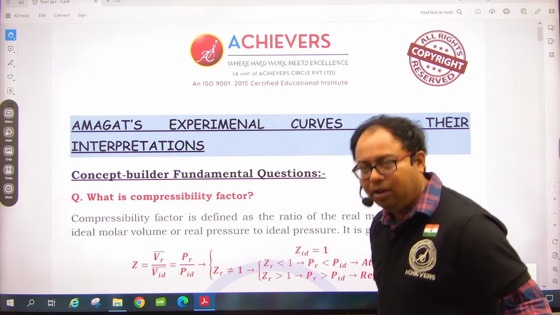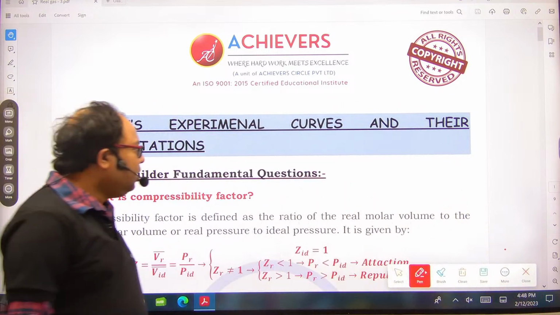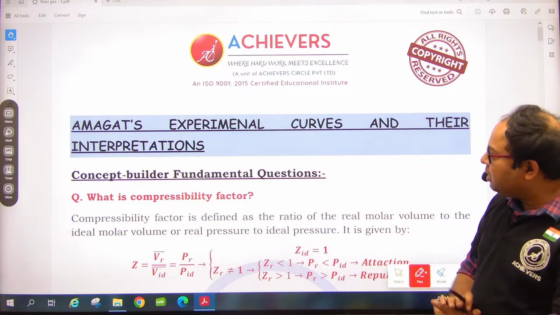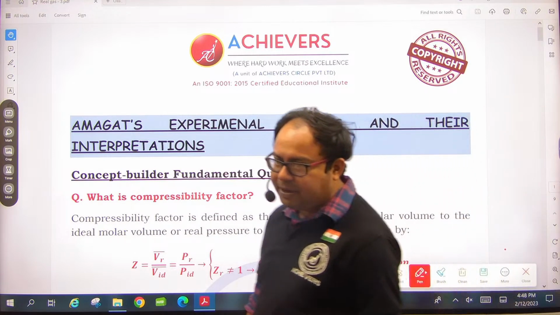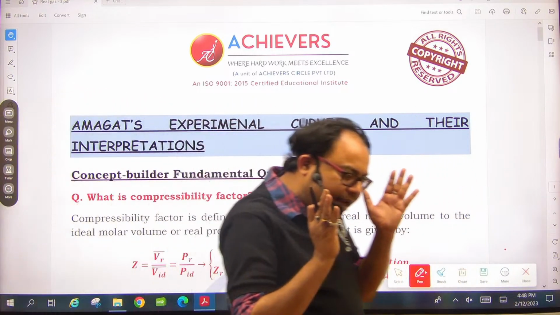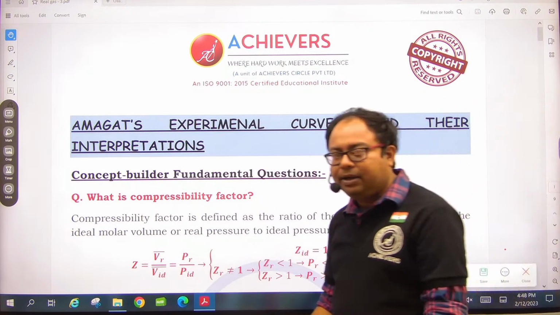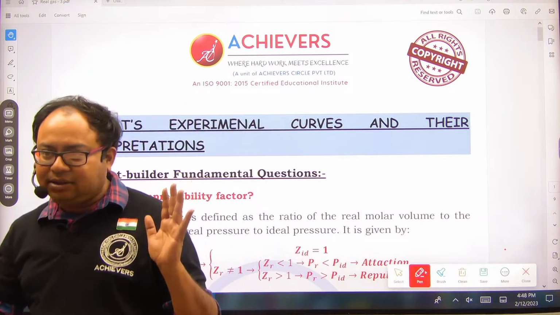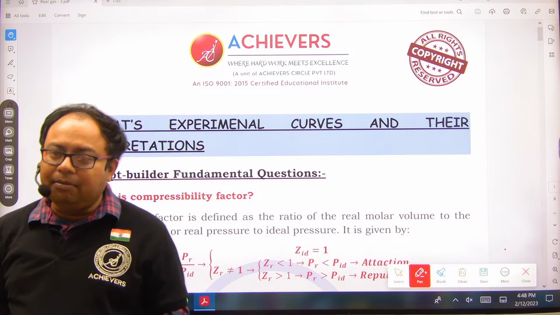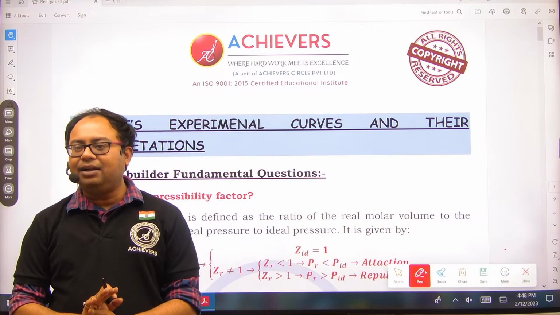So welcome all. In this particular lecture, we will deal with Amagat's experimental curves and their interpretations. Amagat did a very fundamental and legendary experiment on the real gases, and he made some very important interpretations out of that.